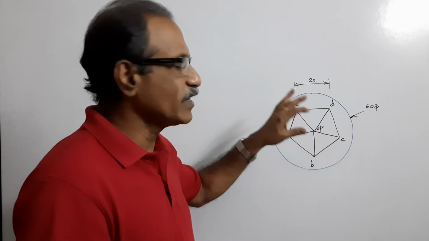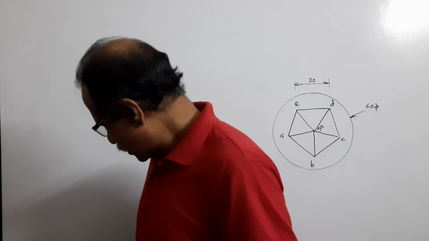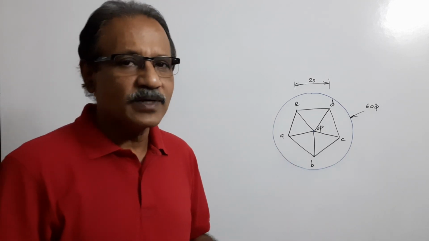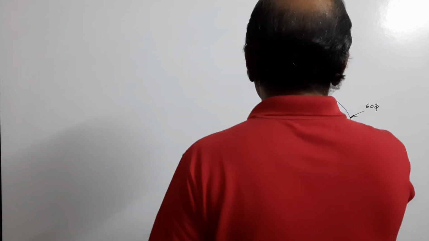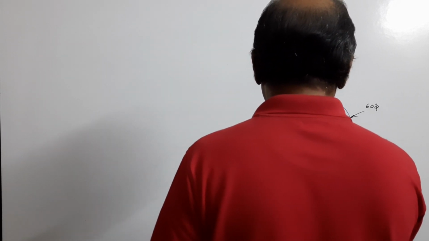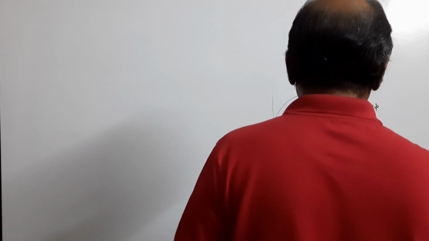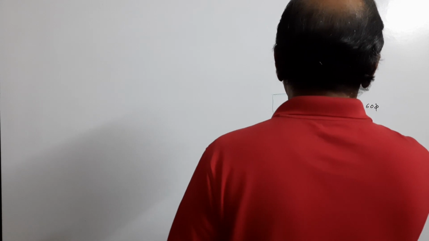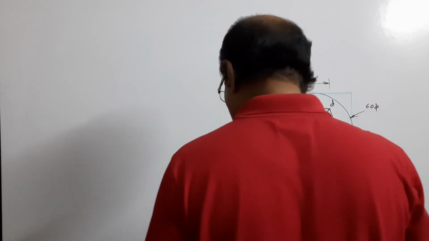So first of all we will draw this plan. Now I inscribe the circle in a square.